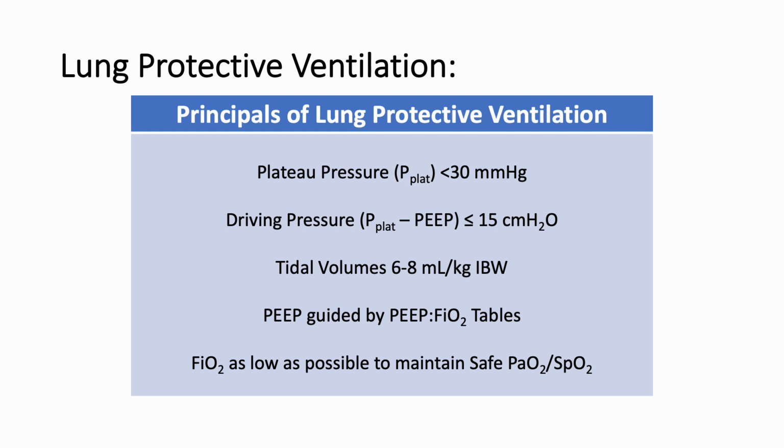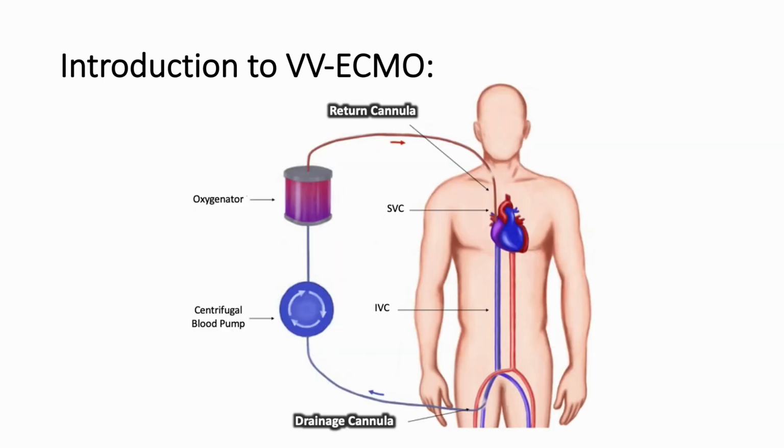These parameters together form the foundation of lung protective ventilation and are listed in the table before you here for your reference. In cases of severe and refractory hypoxemia, an alternative strategy is necessary to provide oxygen to patients in order to sustain life while allowing time for their lungs to rest and hopefully recover.